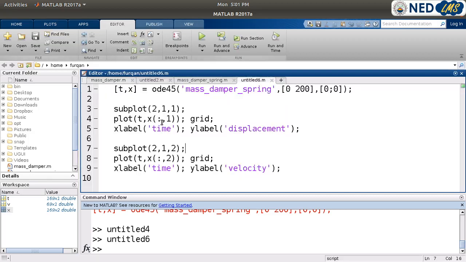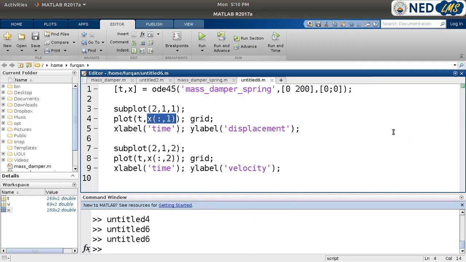So if I write colon here, this means I am accessing all the row entries, and comma 1 represents the first column, so it will access all the entries of rows present in the first column, which is x1 in our case. This other way of writing will access all the entries of the rows present in the second column, which is x2 in our case. So this is x2, and this is x1.